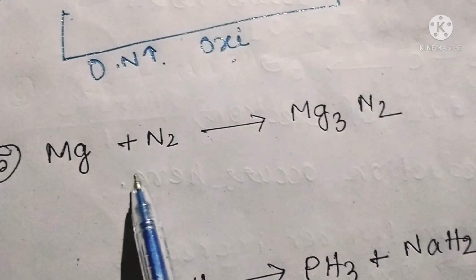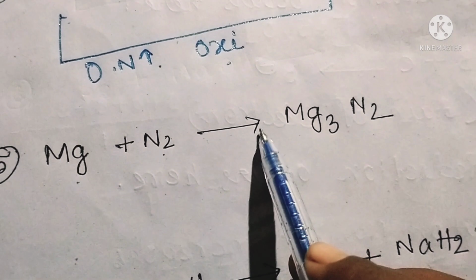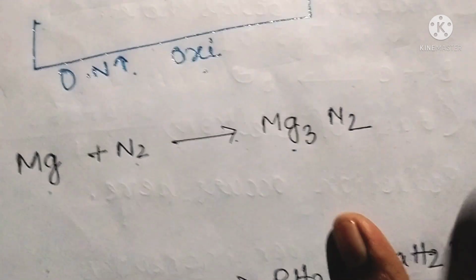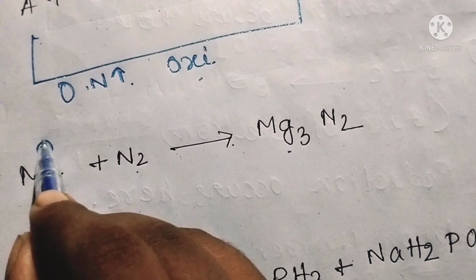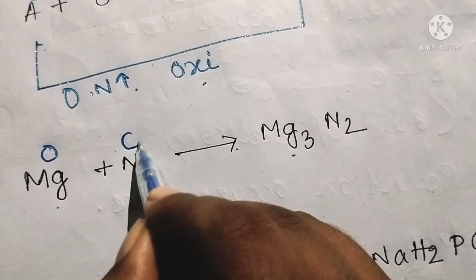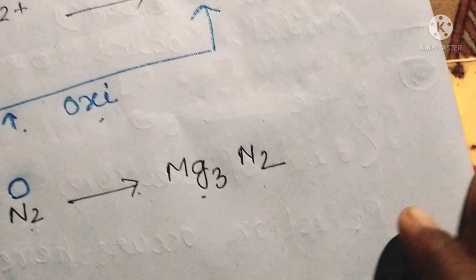Next example is this: Mg plus N2 turns into Mg3N2. So Mg is in elemental state, so 0 oxidation number, and nitrogen is in elemental state, so 0 oxidation number.